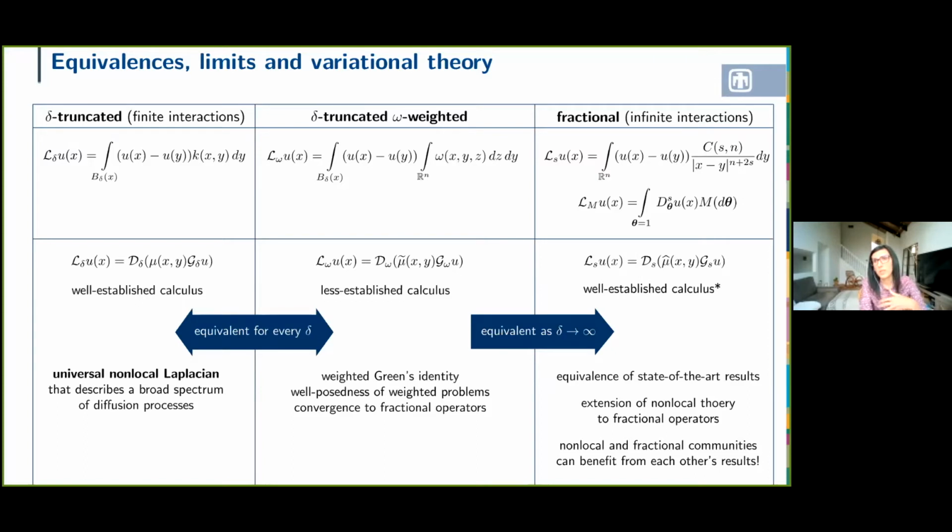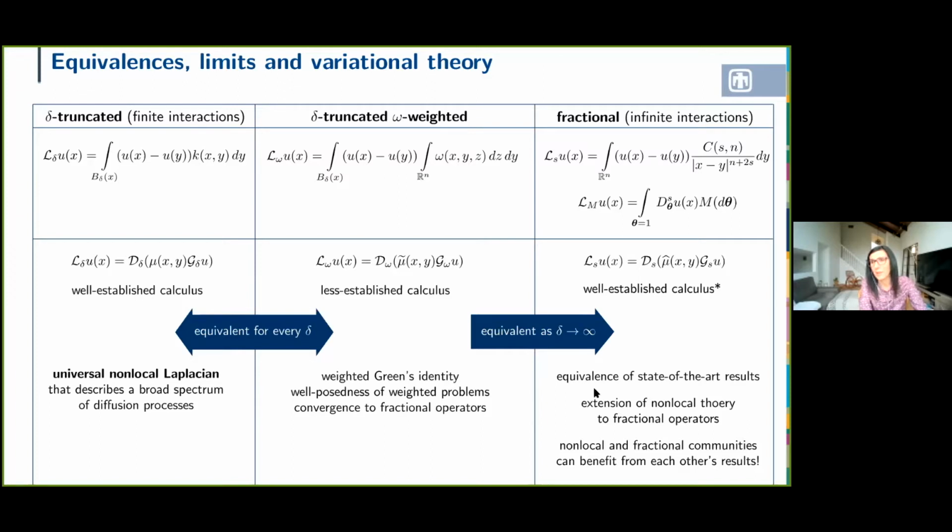This is good because this means that many results of this very well-established theory can be extended to this broader class of non-local operators. And in our opinion, this is also good because it establishes a bridge between the non-local and fractional communities, which started to talk to each other, but are not really fully talking to each other, and probably they cannot benefit from each other's results.